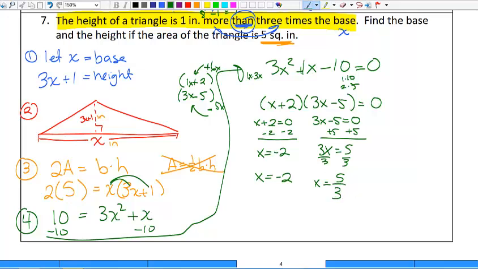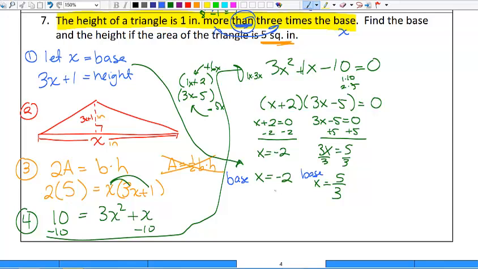Okay, now that was a long time ago what we talked about what x was. So it's a good thing we wrote it down. X is my base. So both of these are potential bases, but there is one problem with one of them.